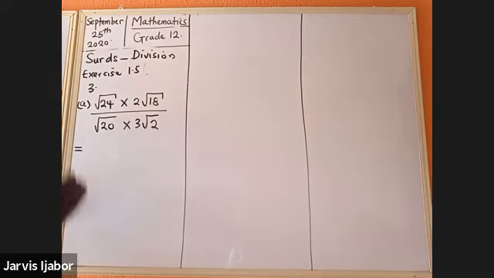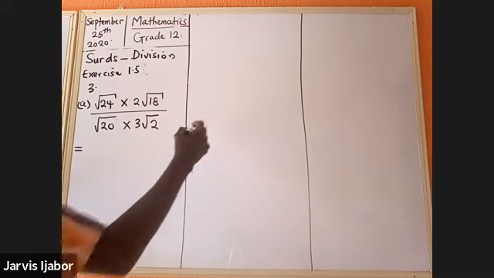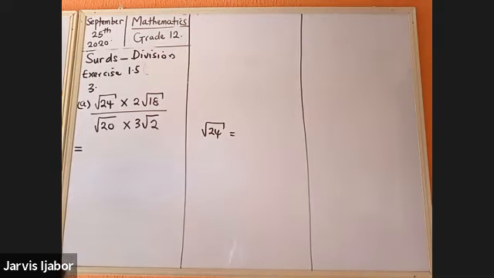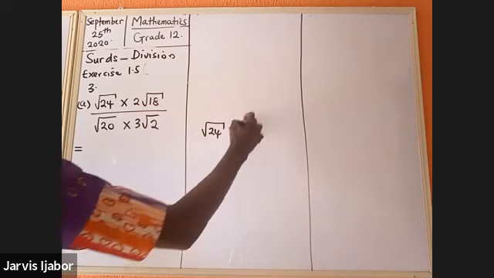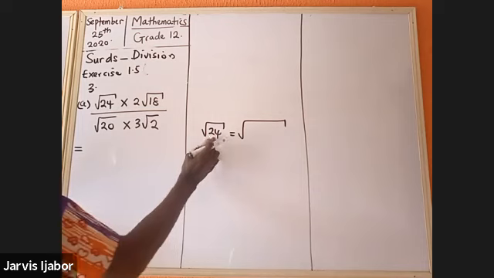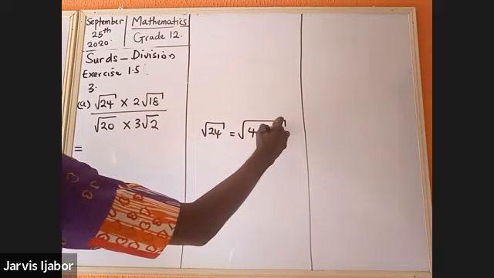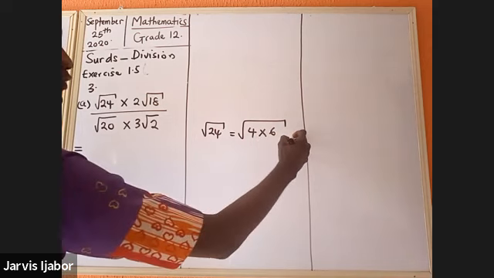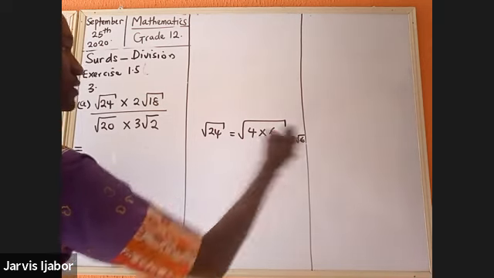Now, this will be equal to what? You need to look for, like I told us before, what is root 24. By now, you should be able to mentally know that when you break this, for those of us just watching this video for the first time, we break this into a perfect square and another number, which is 4 times 6. And so this will eventually give us 2 root 6.